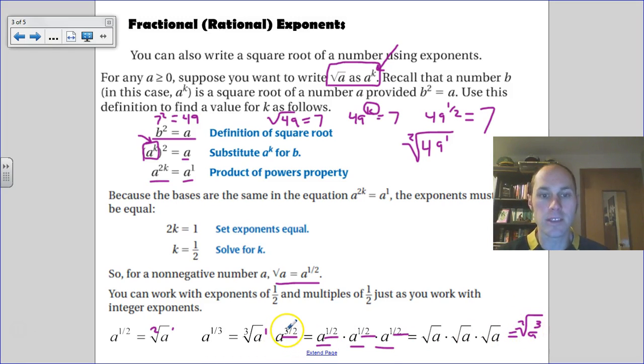So you can see where the top number, the numerator, is our exponent, and the bottom, the denominator, is which root we are taking. So if it's a 3, it's the cube root. If it's a 2, it's the square root.